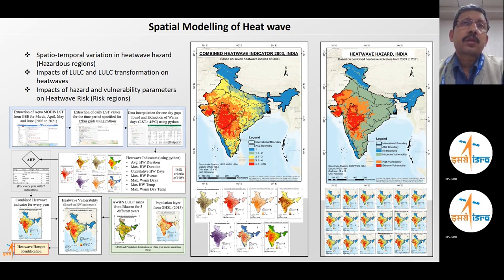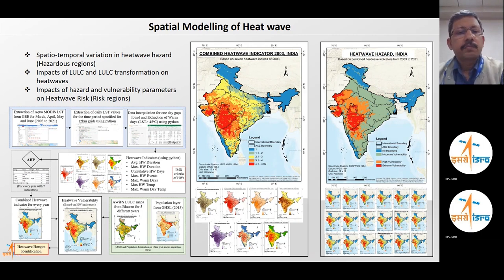So using Earth observation data, we can have a good spatial modeling of the heat waves, which can help us in identifying the spatiotemporal variations and other hazardous regions, and how the various land use land cover transformations are producing the skewedness in the heat wave events.